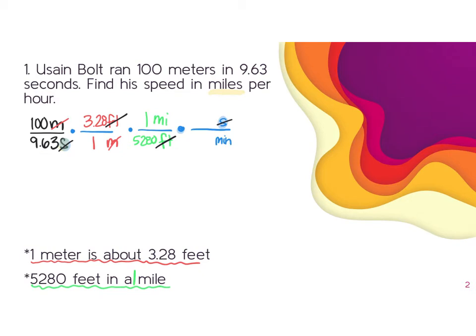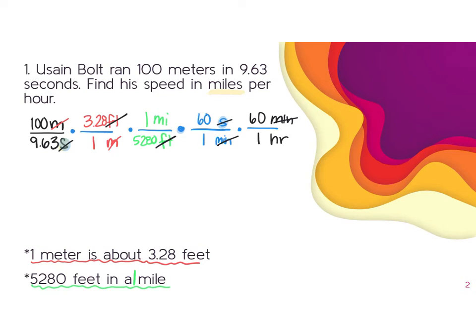So we know that in 1 minute there are 60 seconds. We have one more to do because now we have minutes, but we want to change minutes to hours. I know that my minutes have to be in the numerator because I want minutes to cancel, and I want to be left with hours. There are 60 minutes in 1 hour.